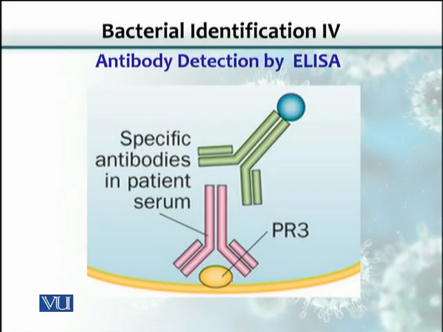For example, here, this is an antibody that we want to detect in a serum sample from the patient. Say a patient is suffering from a viral disease, hepatitis. We would take hepatitis antigen and coat the ELISA plate. An ELISA plate is basically a plastic plate which has negative or positive charges on it.